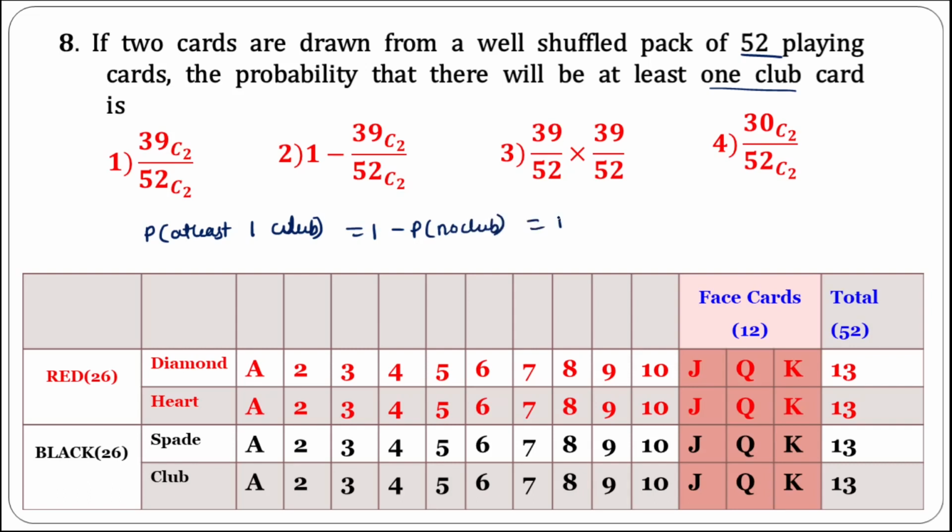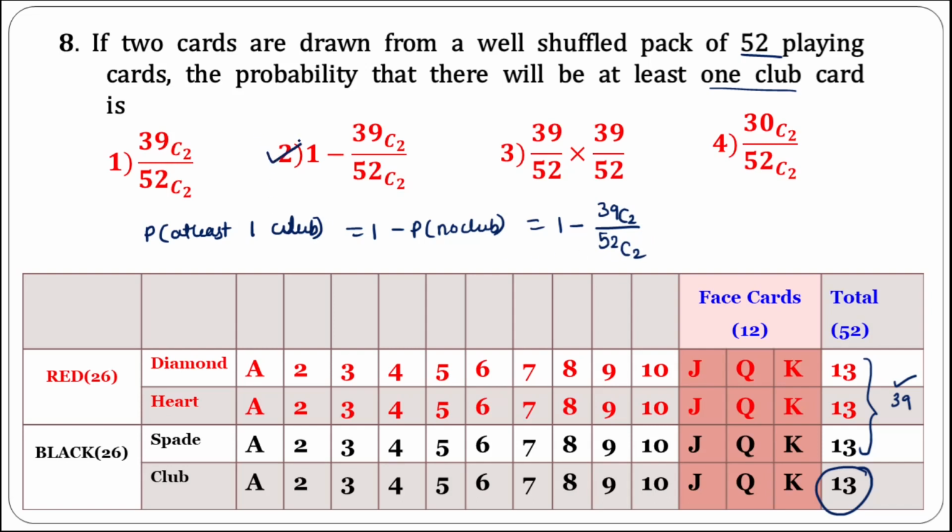Now 1 minus no club means what? You should not have club cards. How many club cards we have? We have 13 club cards. Remaining how many? 39. Now no club means I have to select 2 cards out of these 39. So 39C2 divided by total number of combinations is what? 52C2. Because there are total 52 cards, I am selecting 2 cards. So which option? Option 2.